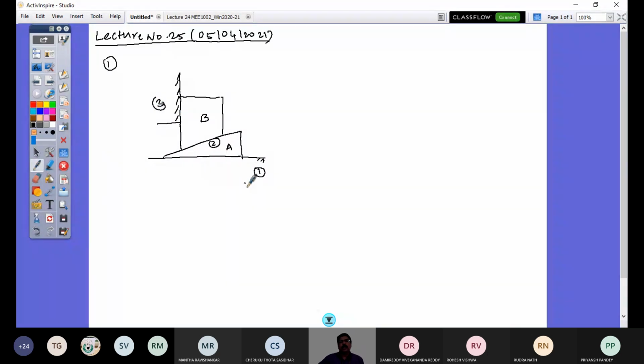Now μS1 is 0.1, μS2 is 0.2, μS3 is 0.3. There is a force P. This angle given is not a small angle like in the previous case we have seen.